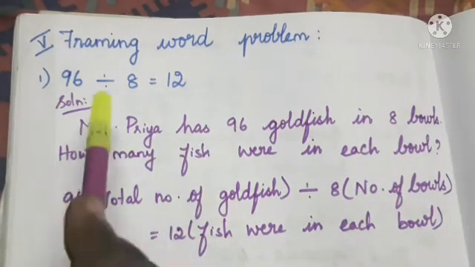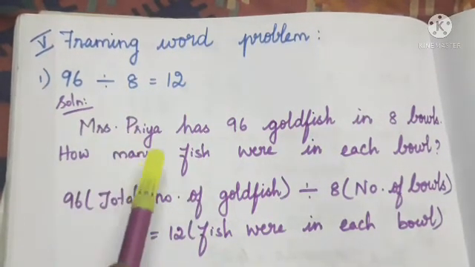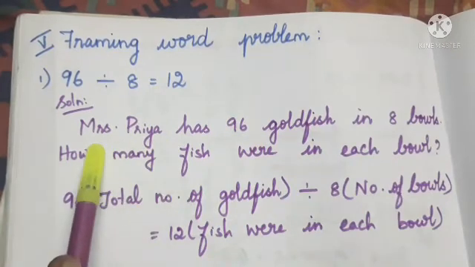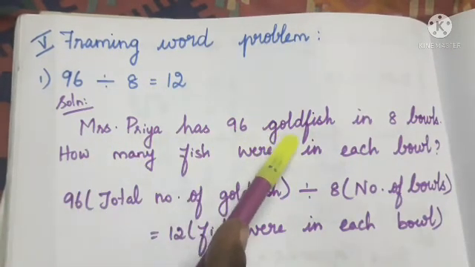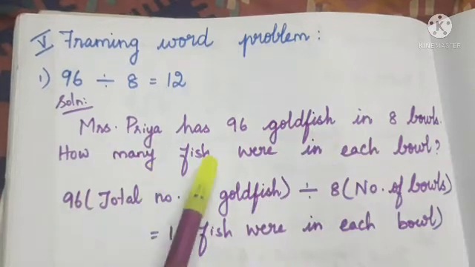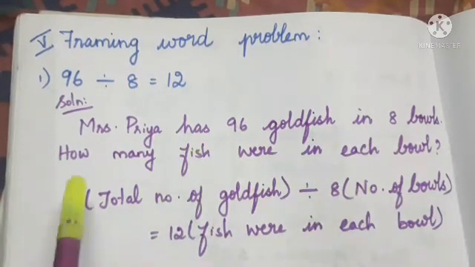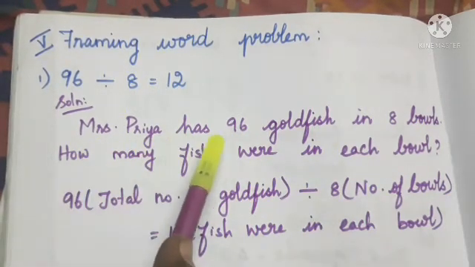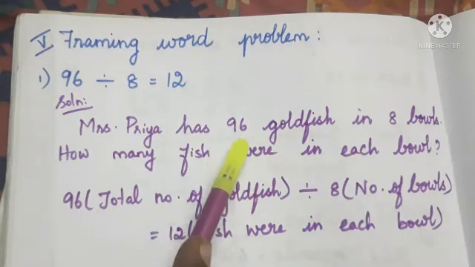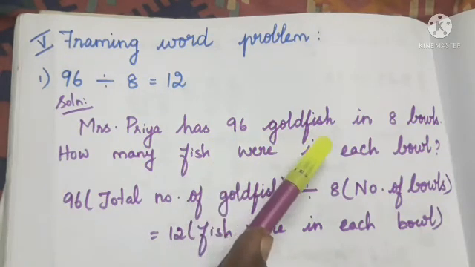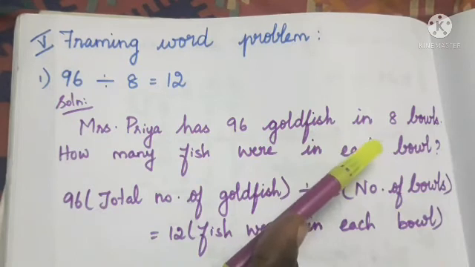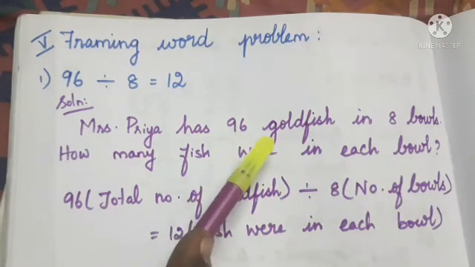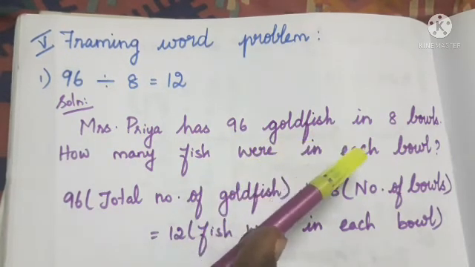For the given question, I have framed the word problem as: Mrs. Priya has 96 goldfish in 8 bowls. How many fish were in each bowl? Mrs. Priya has how many goldfish? She has 96 goldfish, kept in 8 bowls.